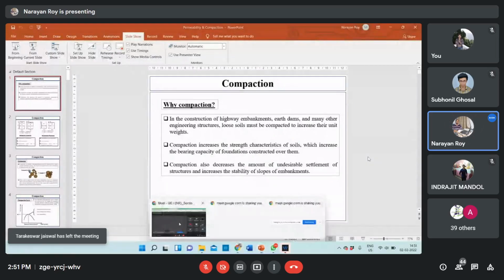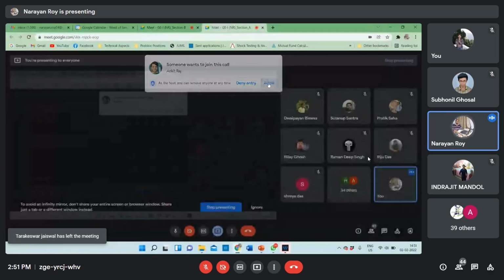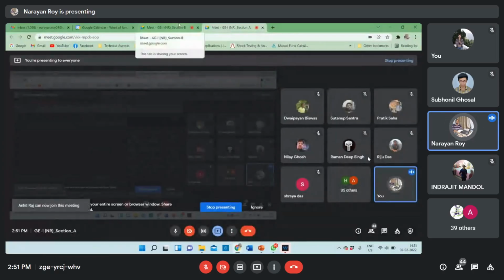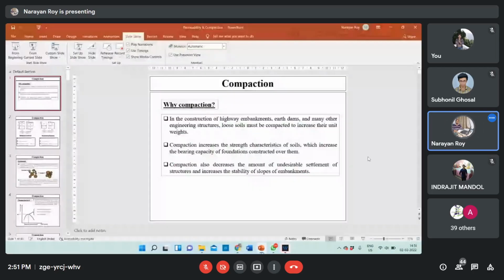I'll assume that as I start. You need to know what unit weight, dry unit weight, water content, and degree of saturation are. I hope you are well versed with these definitions.